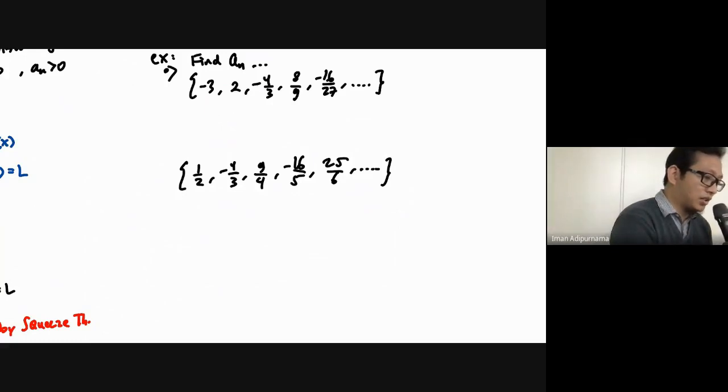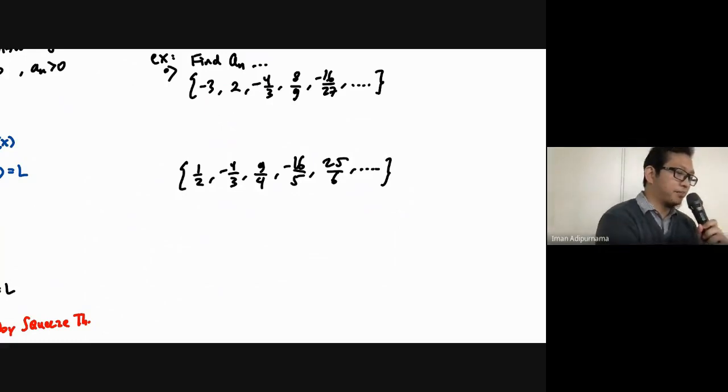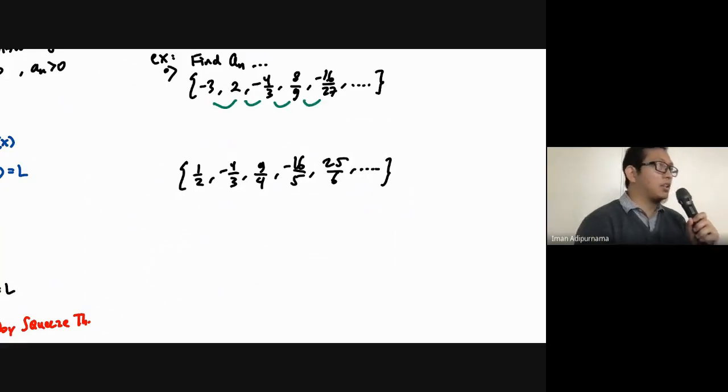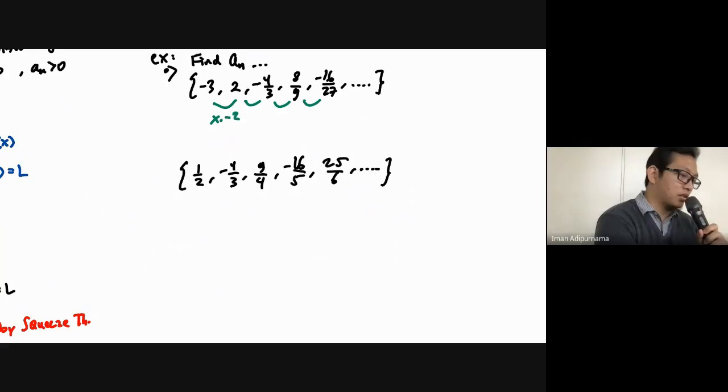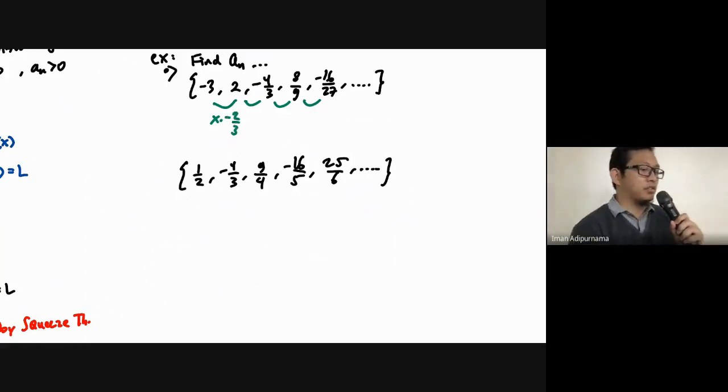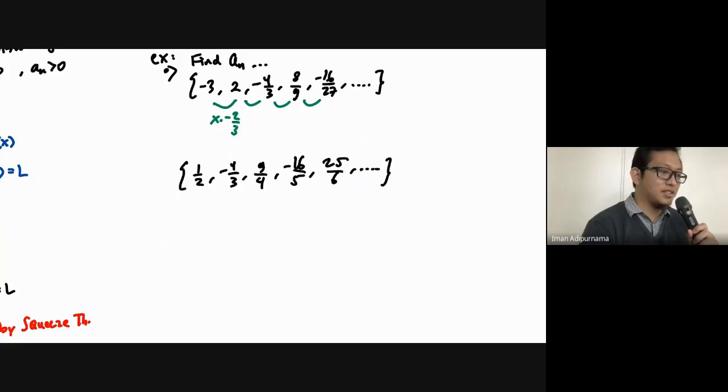So we can see from here the relation between the terms A1, A2, A3 is that you multiply by negative 2/3, right?